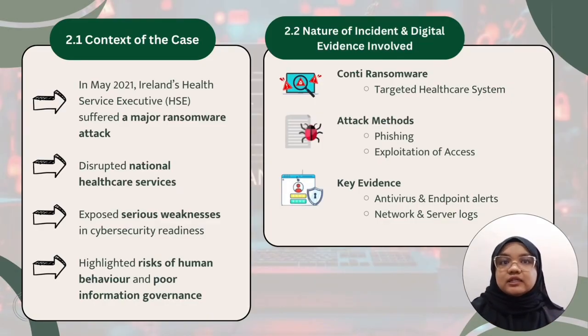The attackers initially gained access through phishing emails, which led to the compromise of a workstation referred to as patient zero, and they also exploited weaknesses in access control and used malware tools such as Trickbot and Cobalt Strike to move laterally across the HSE network at the time.